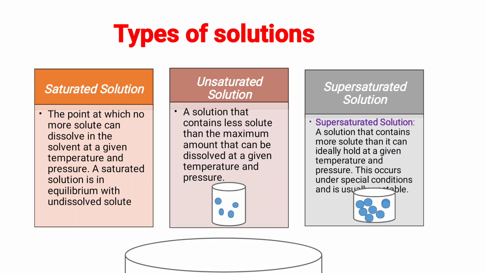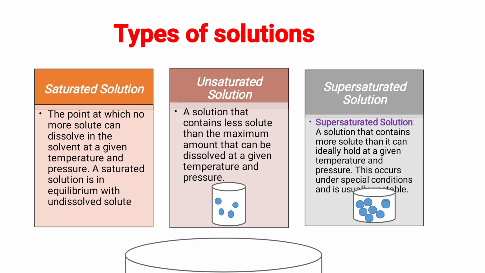Unsaturated solution, a solution that contains less solute than the maximum amount that can be dissolved at a given temperature and pressure. Another, supersaturated solution, a solution that contains more solute than it can ideally hold at a given temperature and pressure. This occurs under special conditions, and that is called a supersaturated solution.